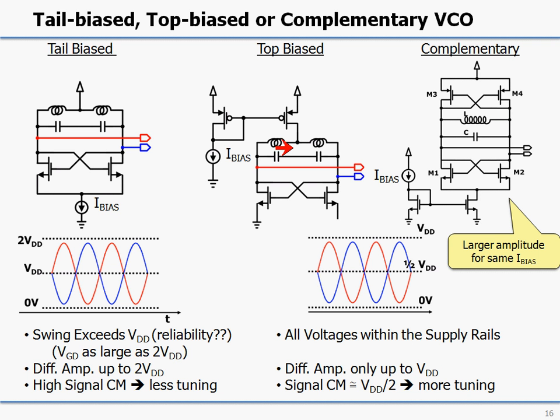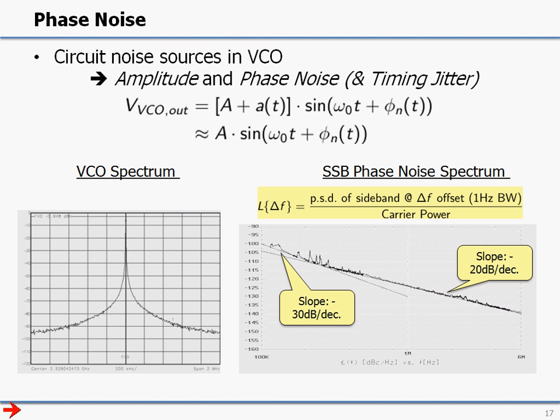Also, the tunability can get better because the common mode at half supply is often more compatible with the varactor biasing. Another alternative is to use complementary VCOs. They tend to give a larger amplitude for the same I bias. However, it's not always clear if the benefits that the PMOS transistors add are really beneficial in terms of the power-noise trade-off in oscillators, and that might also depend on specifics of your process.